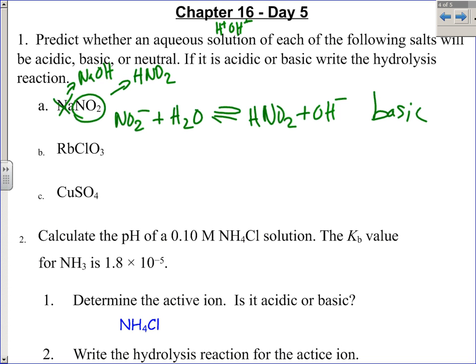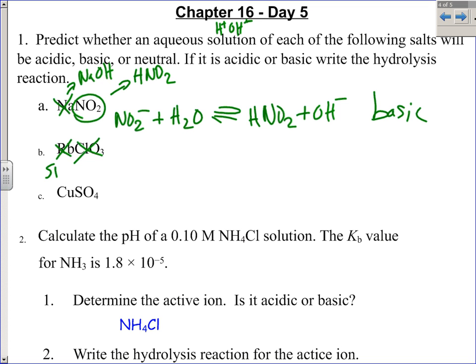Okay, next one, same thing. Rb comes from rubidium hydroxide. Is that a strong or a weak base? Rubidium hydroxide is one of our strong bases. Remember group 1 and heavy group 2? So that's not going to be an active ion. What we're left with is ClO3 minus. ClO3 minus comes from HClO3, which is one of our strong acids.